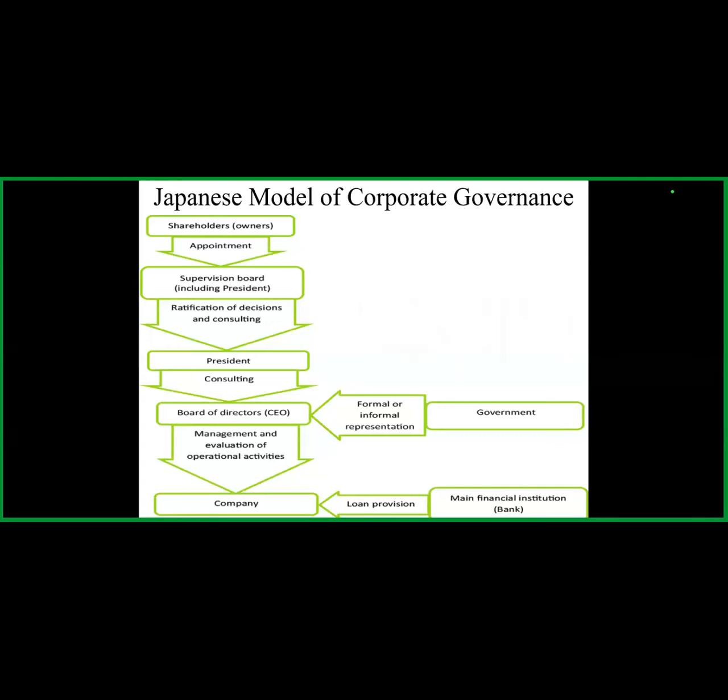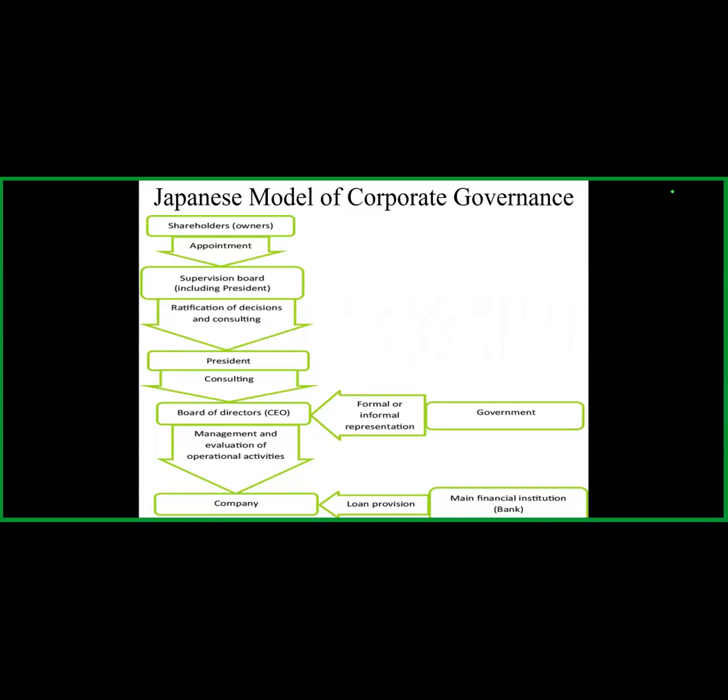So it is to be carried out not at the end of the year, but regularly in Japan. Regularly can be a week, a fortnight, or monthly. It depends upon the internal policy of the organization, but it has to be regular. It cannot take place after the end of a year.